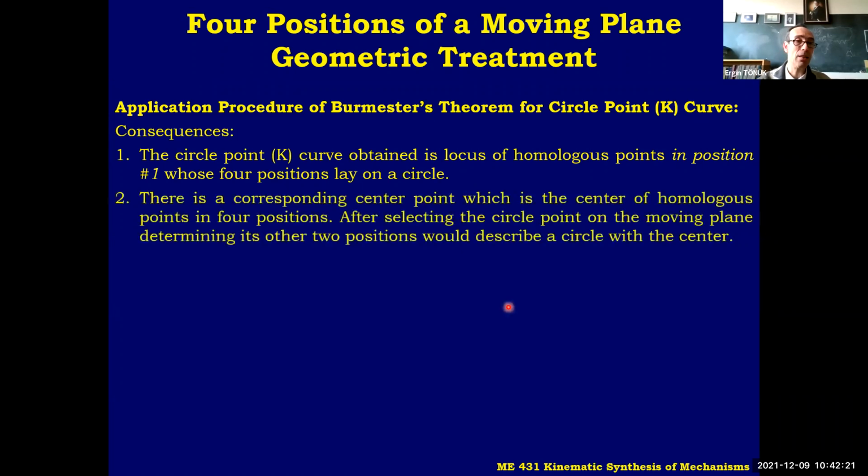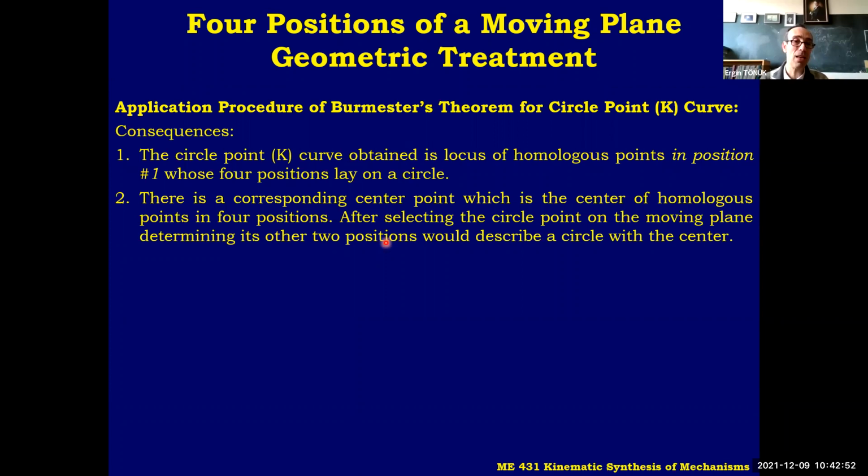The next one is, there is a corresponding center point, which is the center of those 4 homologous points. What we will do practically is, when we select the circle point on the moving plane, just by 2 other positions, we describe the circle and we find the center.